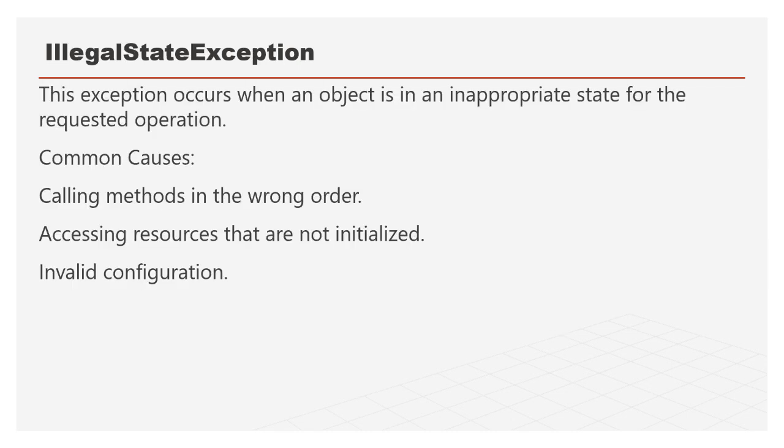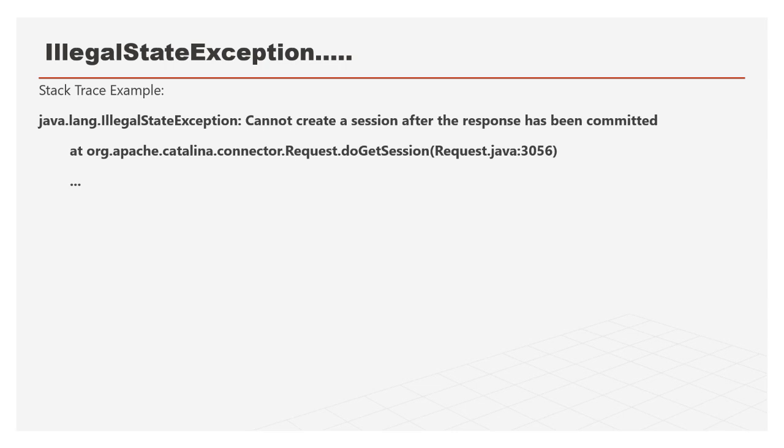Illegal state exception. Now, this is one of the most frequent exceptions. It occurs when you're dealing with an object that is in an inappropriate state when you're trying to perform some operations. That is like calling some method in the wrong order, accessing certain resources that are not even initialized, or having some invalid configuration that is not properly written.